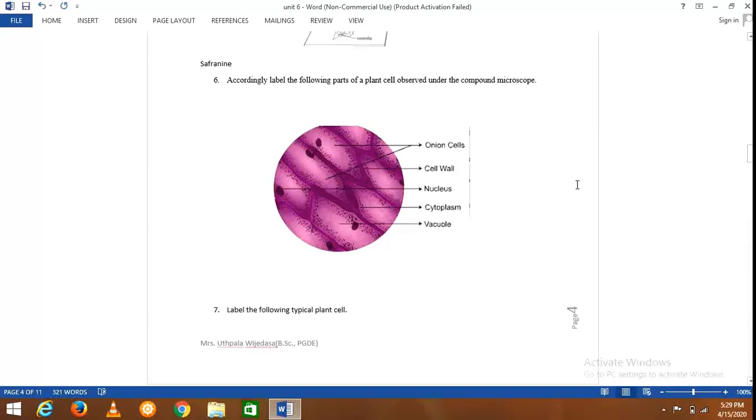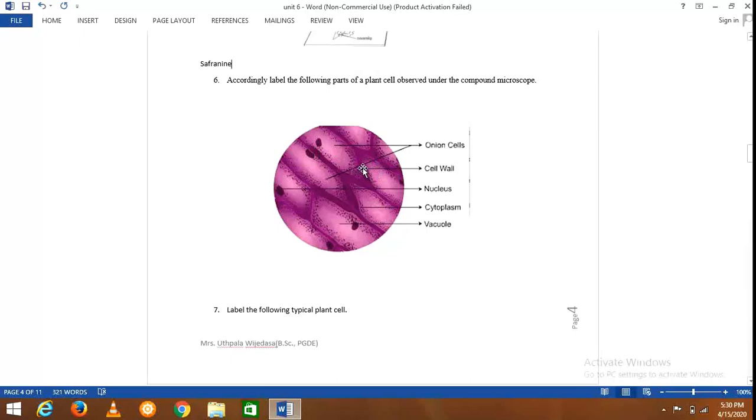So these are the labeled parts of an onion peel. This is how you can see it. We can say it is something like a brick wall. So these are the cells, and the cell wall is visible. Cell wall is the outermost layer of plant cells.